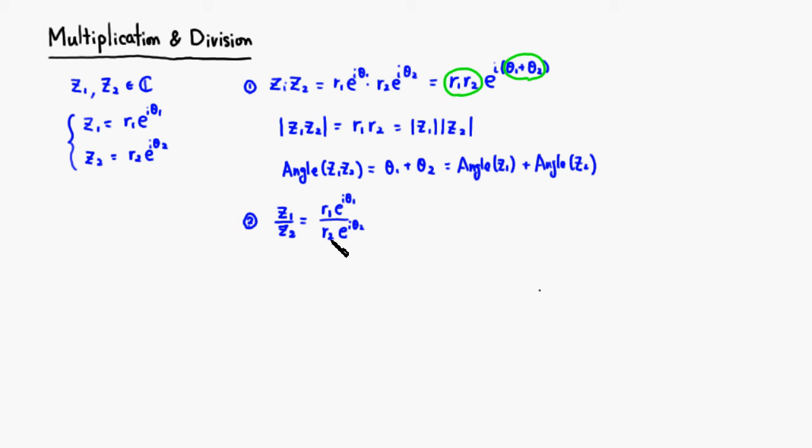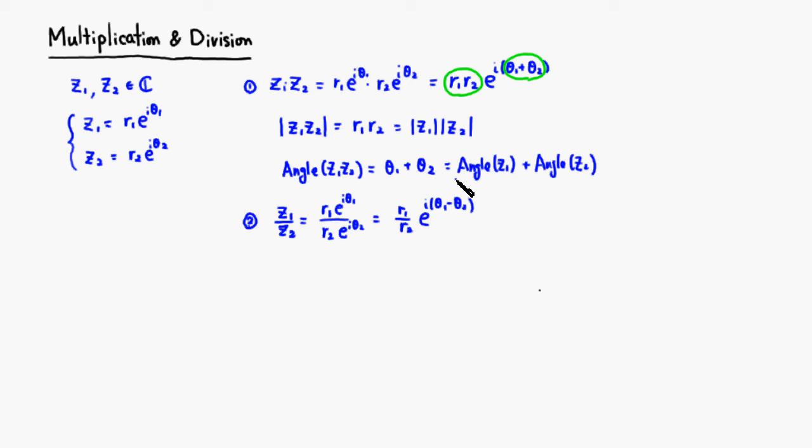We can combine R1 and R2, so you have R1 over R2. That's going to be the absolute value of Z1 over Z2. Then you have the division, so we do the subtraction between these powers. So i is pulled out, it's theta 1 minus theta 2.